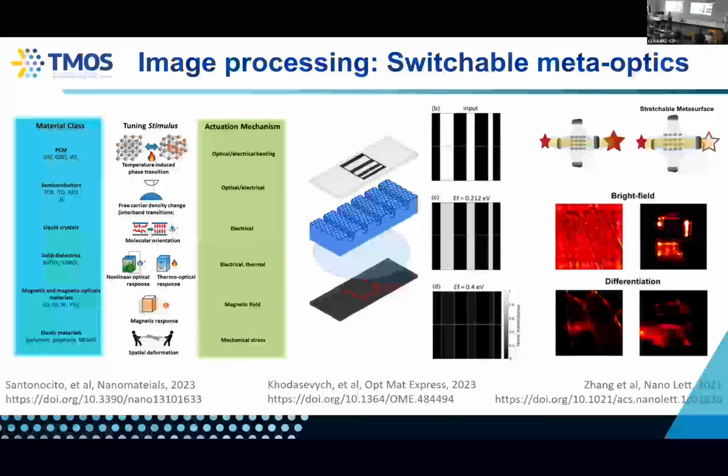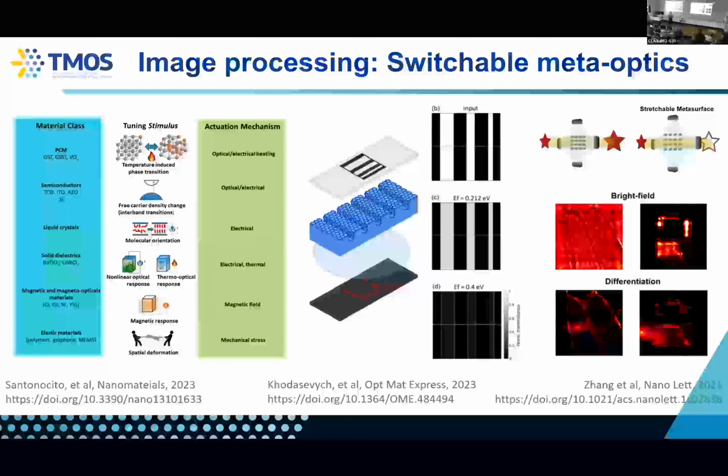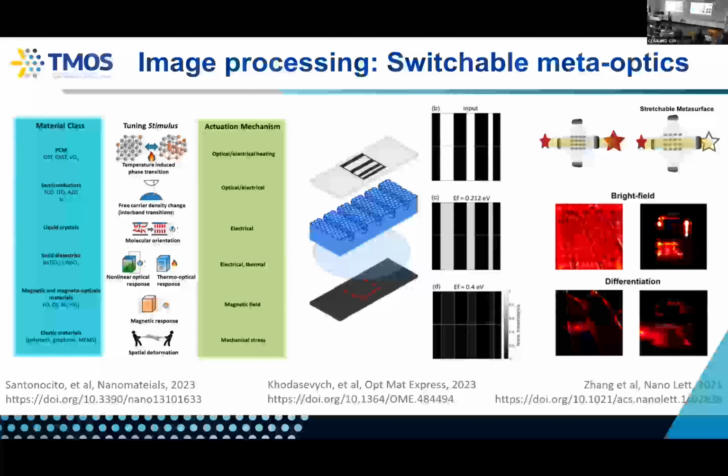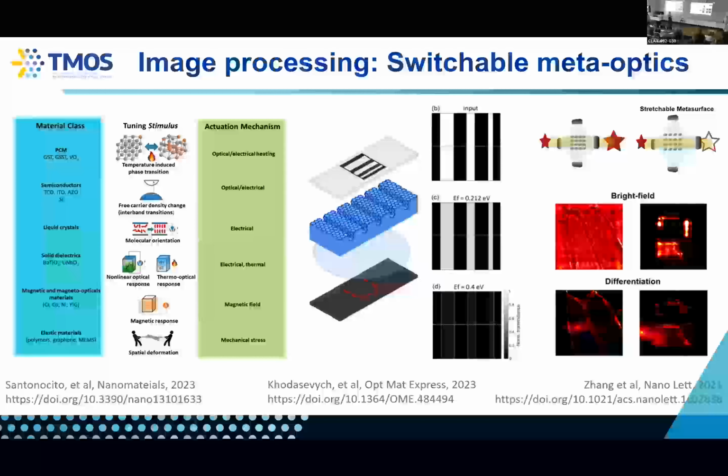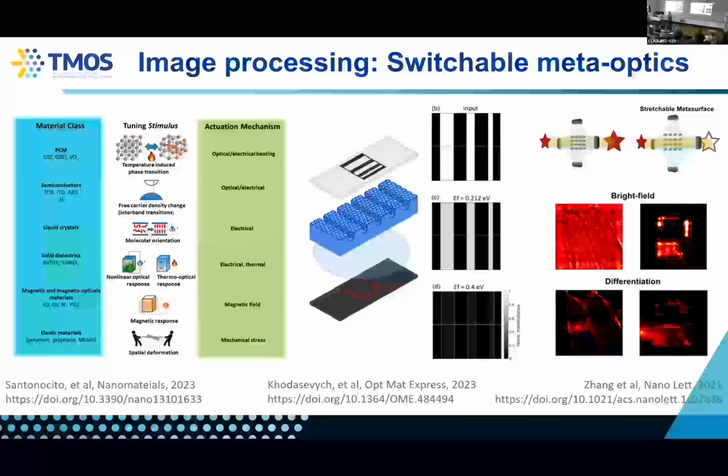In terms of actual implementations, members of Jason Valentine's group showed that if we go back to the array of silicon nanopillars, if these were put on a flexible substrate, by stretching the substrate, modifying the coupling between the individual elements, you could change the modality from conventional bright field through to an edge-enhanced, or as they've said here, a differentiated image.